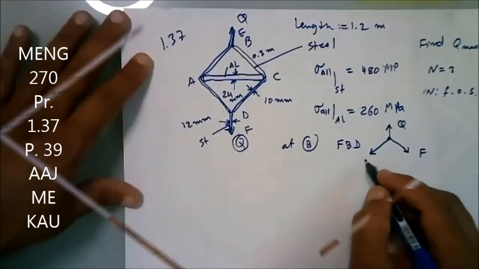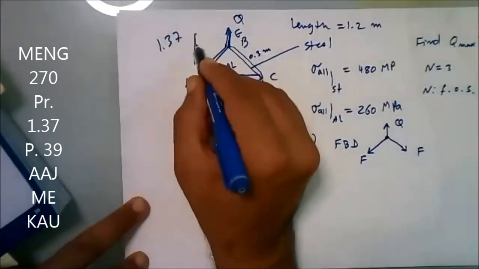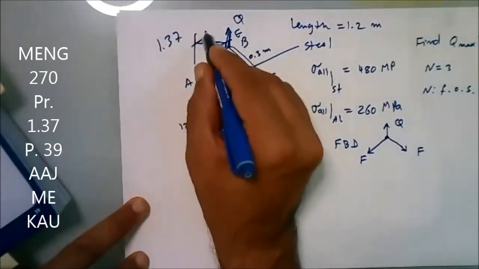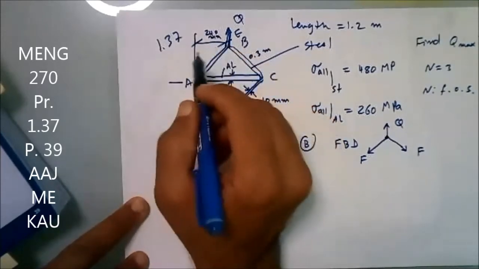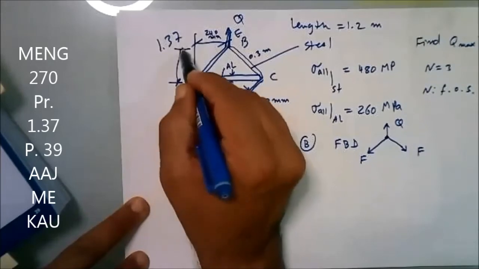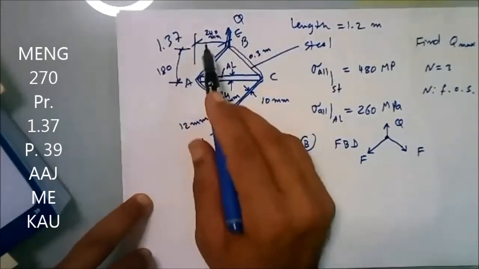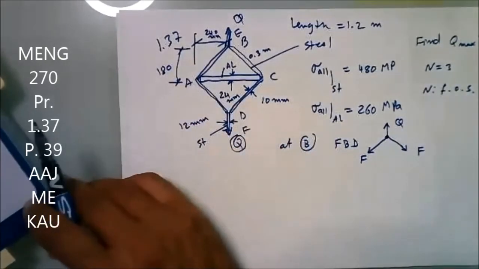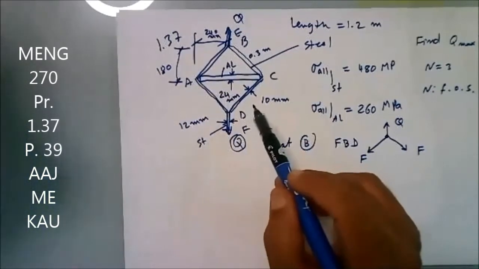Let's call it F. For this distance from here to there, this is 240 millimeter. And from here to there, this is 180. So 180 and the other one is 240. Of course, the other one 240 and 180 and 180.